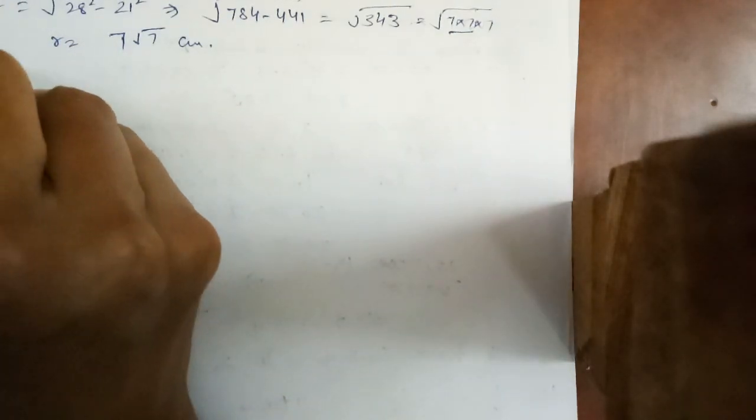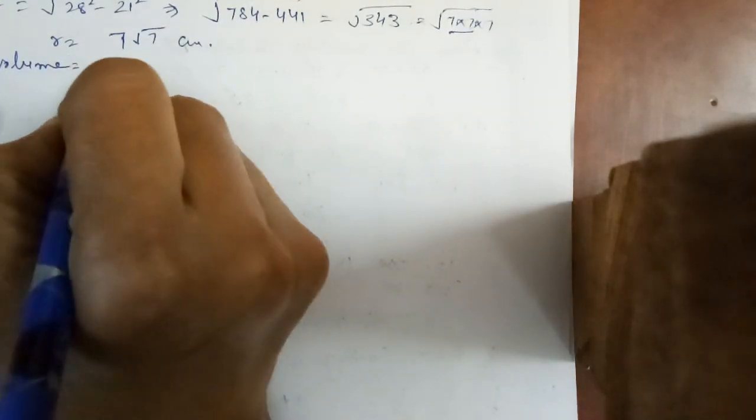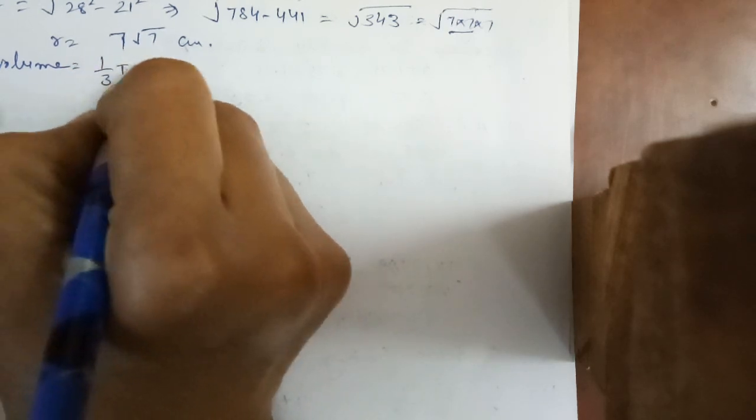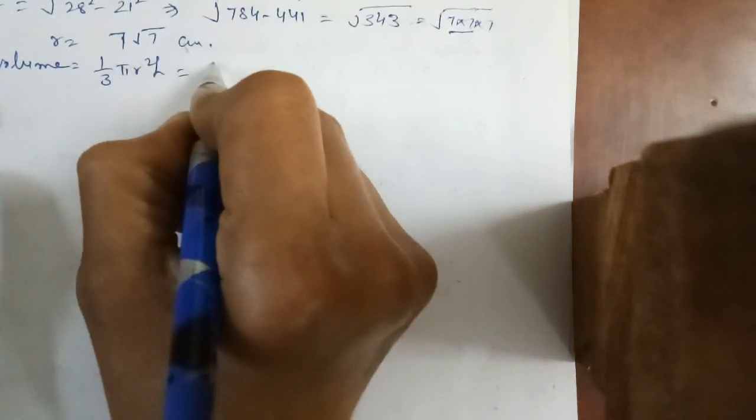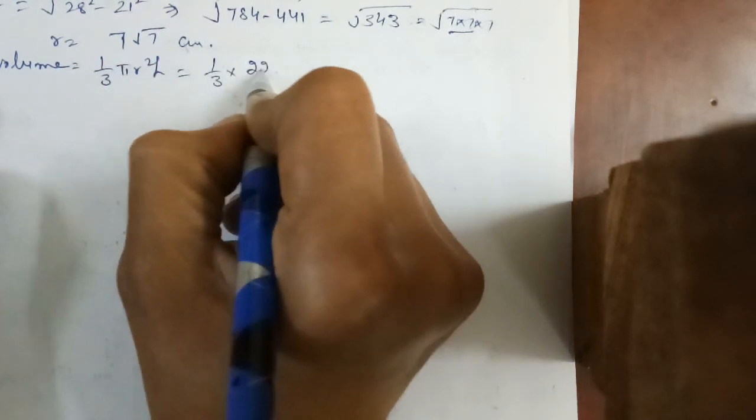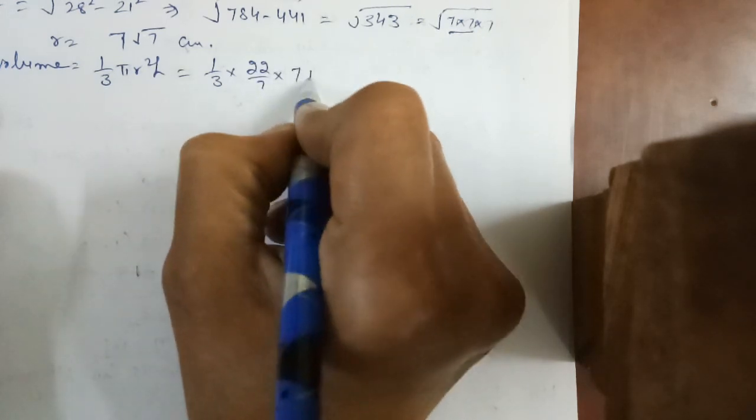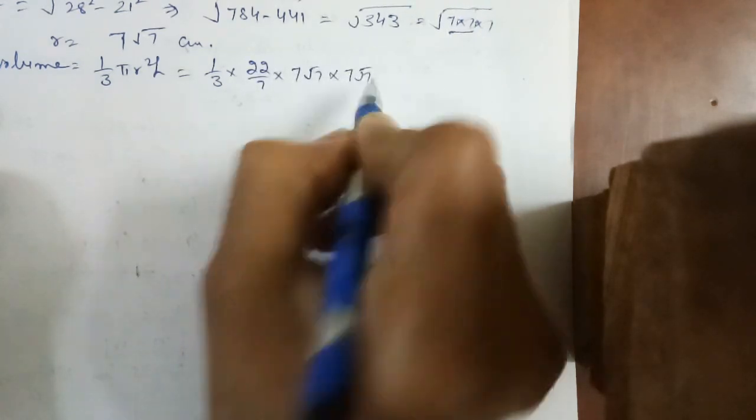According to it, we have to find the volume: 1 by 3 pi r square h. That is 1 by 3, 22 by 7, 7 root of 7, 7 root of 7.